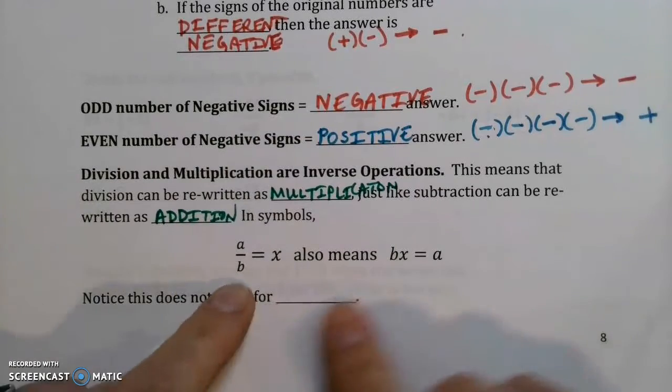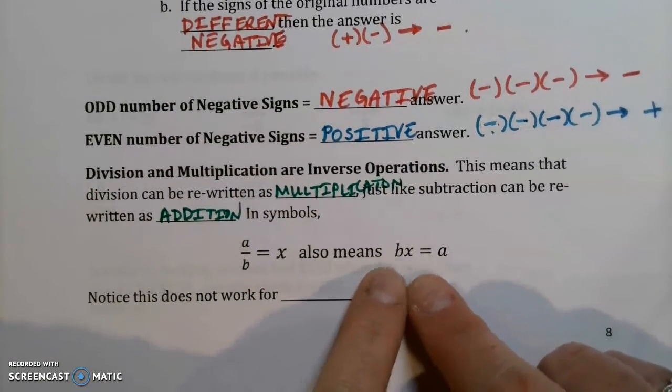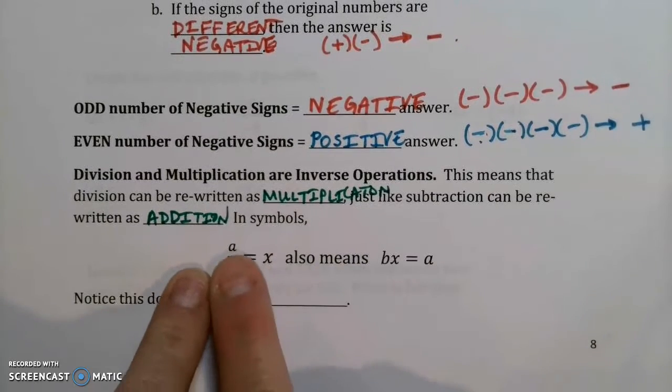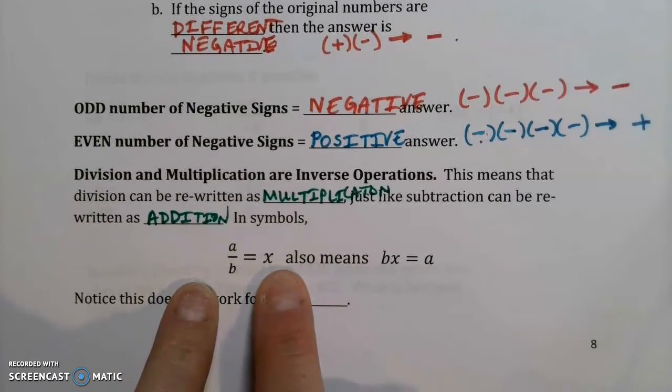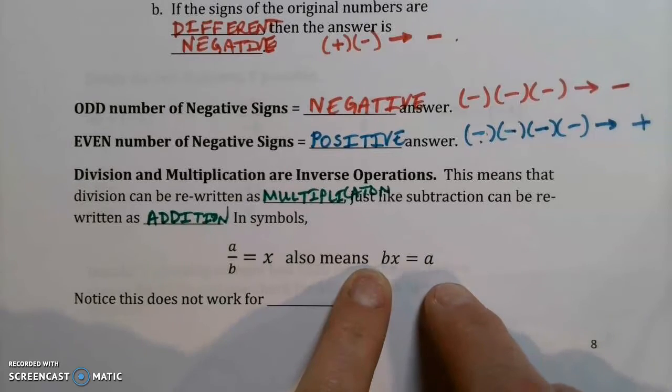And in symbols, what that's saying is that if I have a divided by b equals x, then that also means if I say b times x, that better equal a.